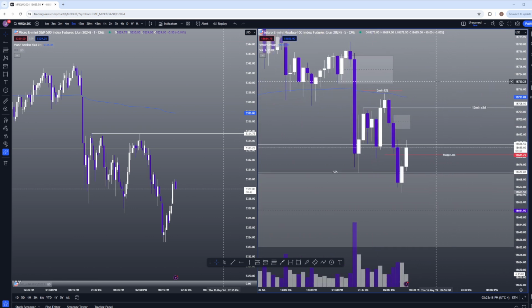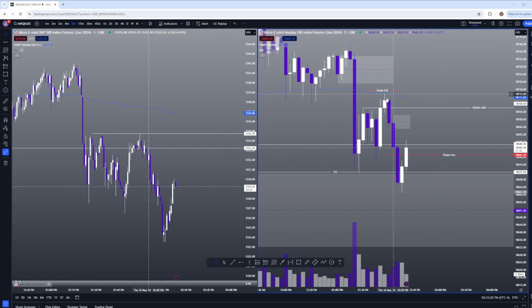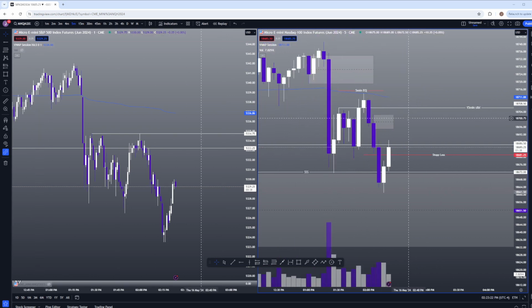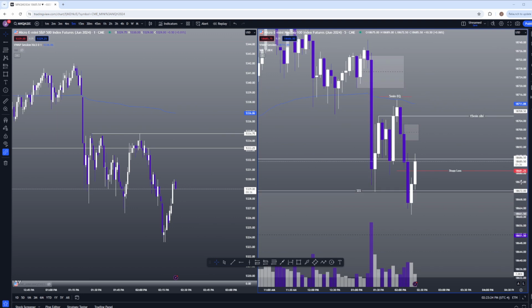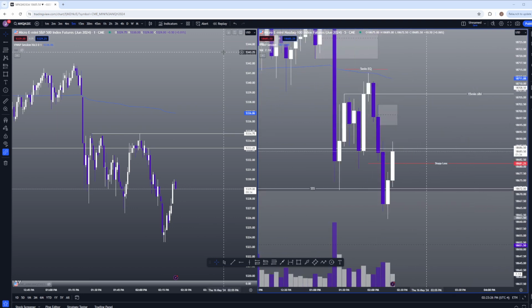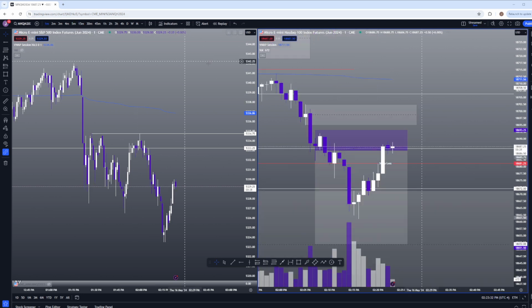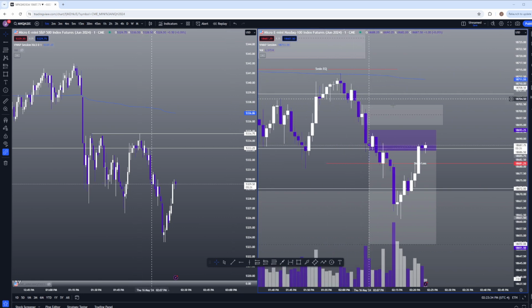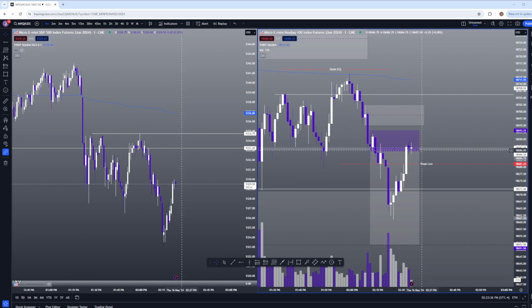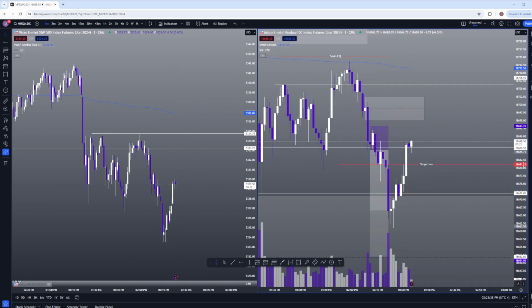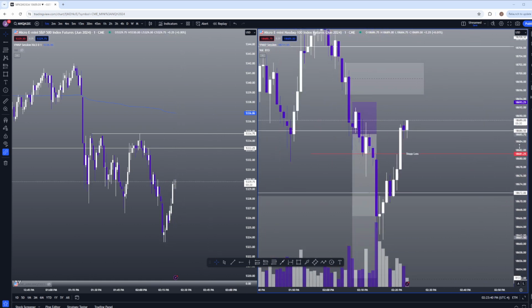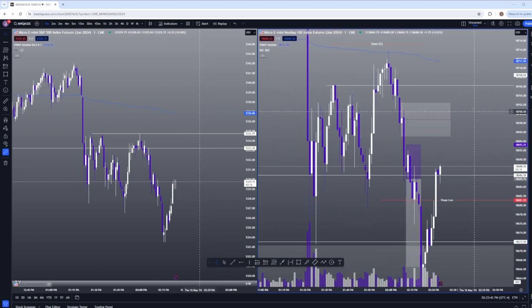It's that silver bullet idea: grabbing liquidity on one side, targeting opposing liquidity. So we'll see here. I'll start thinking about the longs pretty soon, catching them up to the highs.